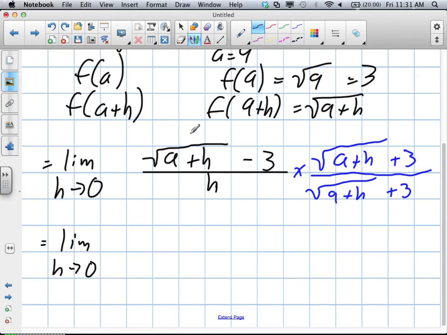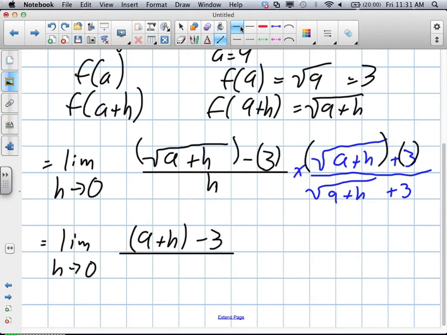What's going to happen here is, remember, we're going to be left with just our a term minus our b term on top. So what that means is the root of this is going to be 9 plus h, subtract 3. And that's why we use the conjugate, to get these specific numbers on top, so it's now rationalized. On the bottom, we still are going to have our h multiplied by this. So h multiplied by root 9 plus h plus 3.